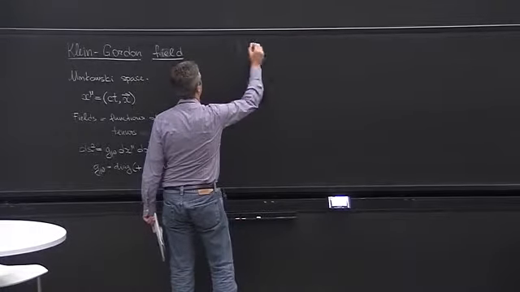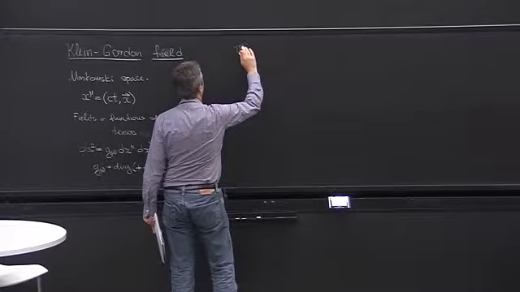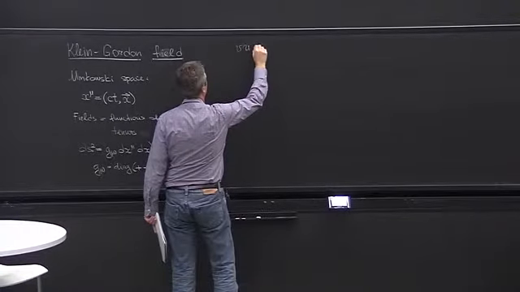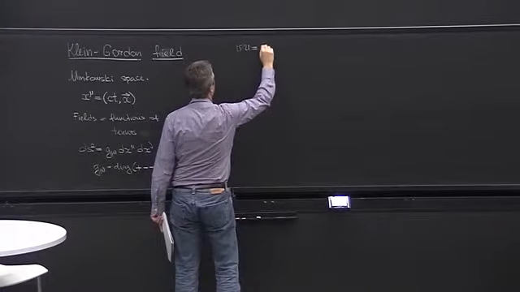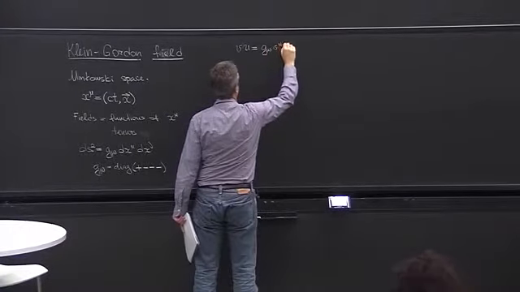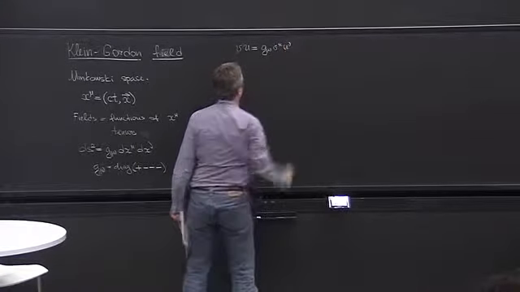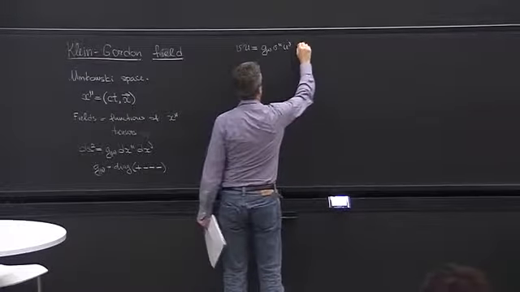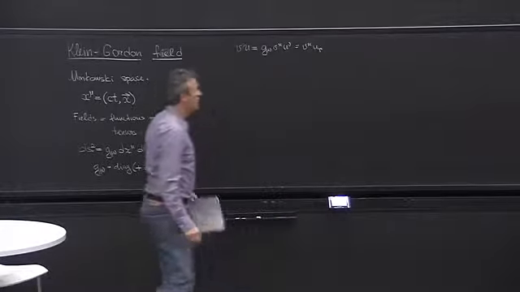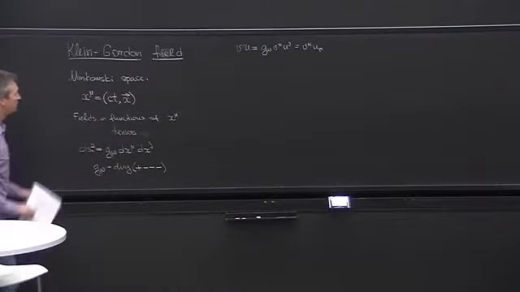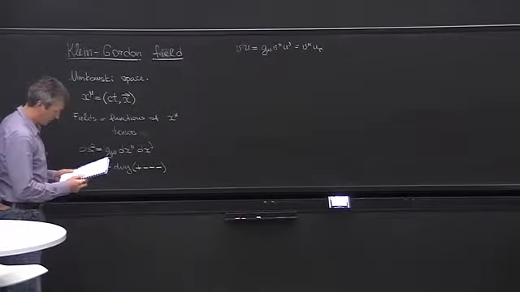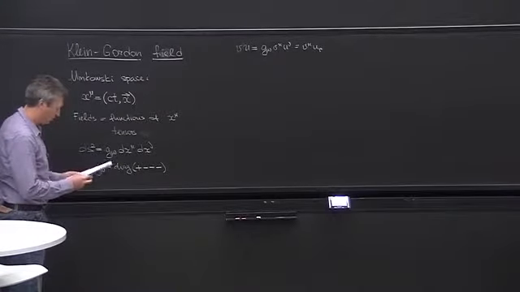So for instance, if we have 4 vectors v and u, v scalar product with u is defined as g mu nu, v mu u nu, and this is the same as v mu u mu. So we'll use all these standard conventions of special relativity. All right.